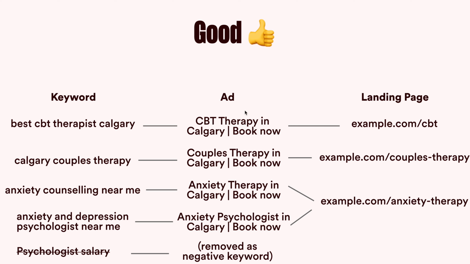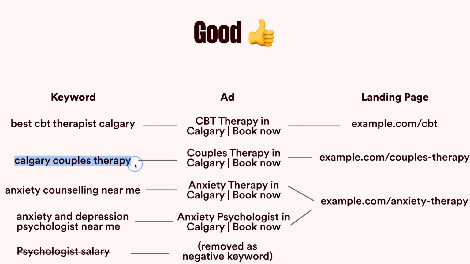All right, so here is a better example. If your keyword is "best CBT therapist, cognitive behavioral therapist in Calgary," then your ad could be "CBT therapy in Calgary, book now," and this would go to a landing page where you talk about cognitive behavioral therapy, its benefits, and how you have so much experience and all these great testimonials and great results for your customers doing CBT.